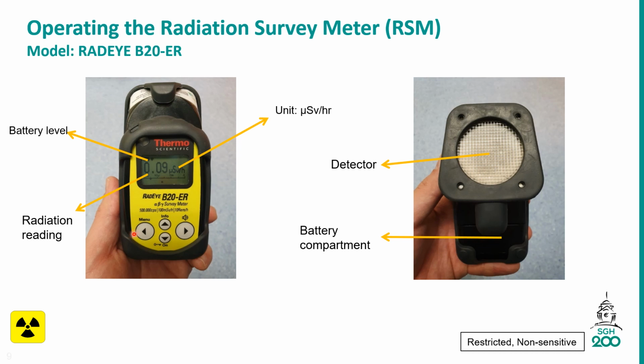The instrument is still clean and can be utilized for radiation detection. There's a little compartment over here that this photograph cannot show very well, but on the reverse part of this, you have a battery compartment where we can replace the battery with an AAA battery.